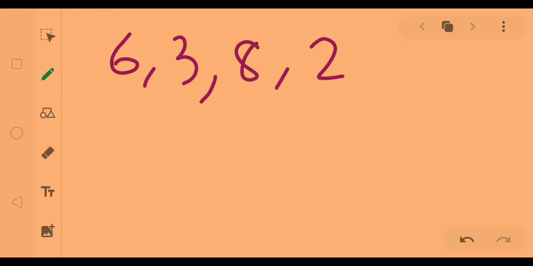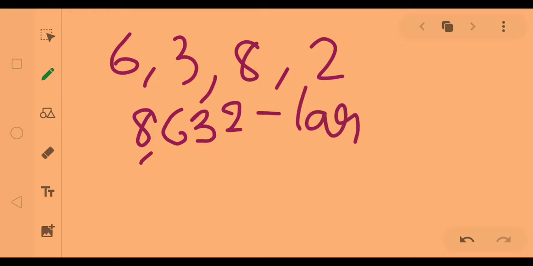To form it, we just need to arrange these digits in descending order. So 8 comes first: 8, 6, 3, 2. Then the number so formed is 8632, which is the largest 4 digit number.